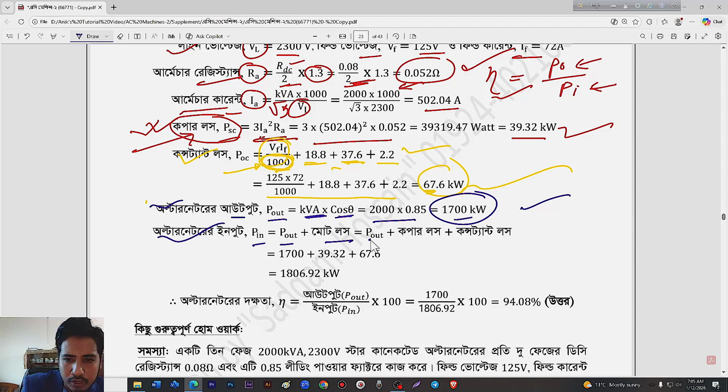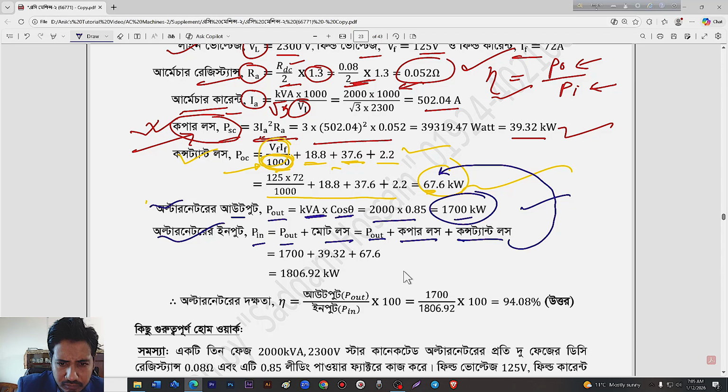And alternator input equals output plus total loss. There are two types of loss: total loss is copper loss plus constant loss, and the constant loss we found here.